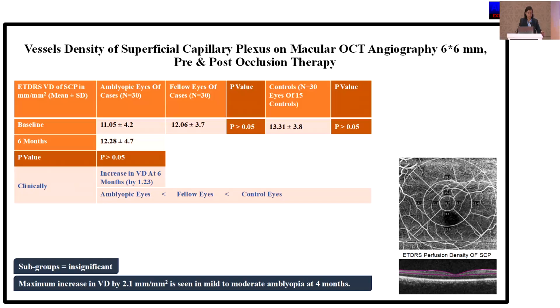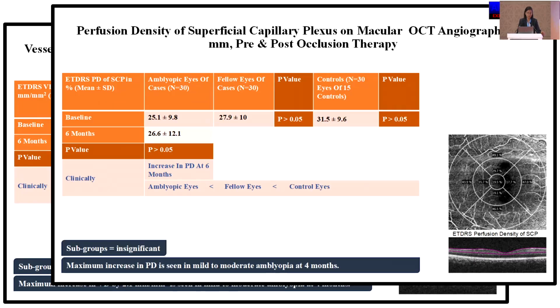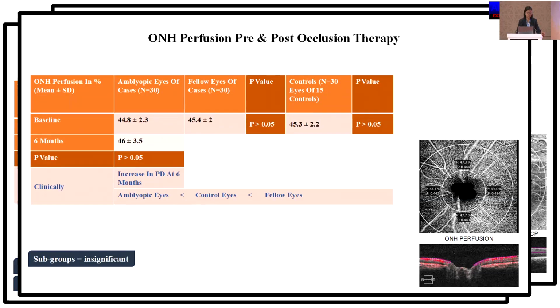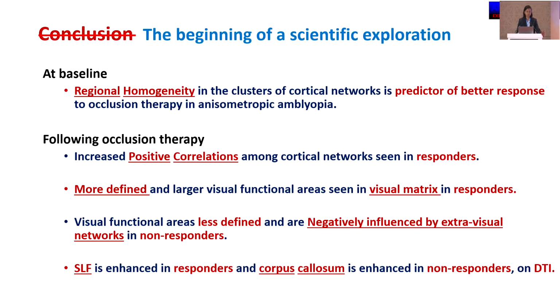We also studied OCT angiography, in which we did not find any significant differences in the vessel density and perfusion density of superficial capillary plexus on macular OCT angiography and ONH perfusion on ONH angiography, probably because of the high intersession variability even in the fellow eyes and in the control eyes in our cohort.